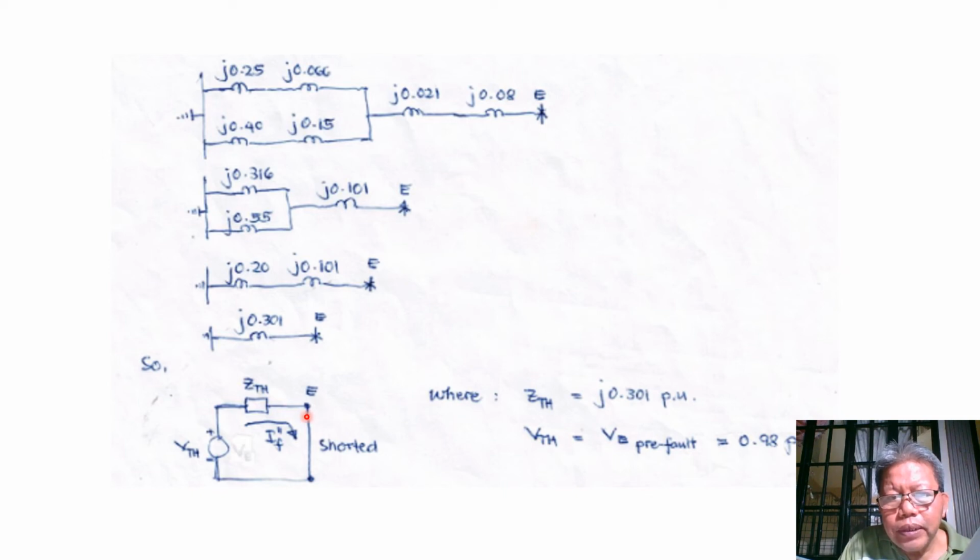Now the ETH that we will use here is the pre-fault value of the voltage at bus E, because we are given that at the point of fault, the actual value of the voltage at bus E is 0.98 per unit.